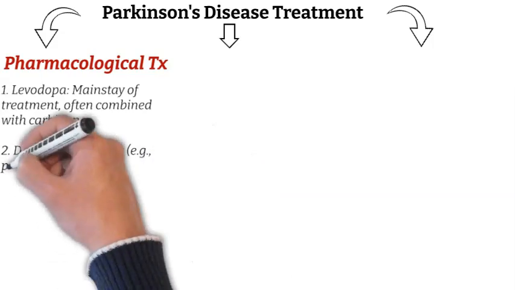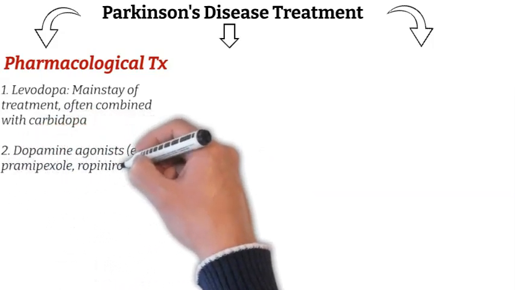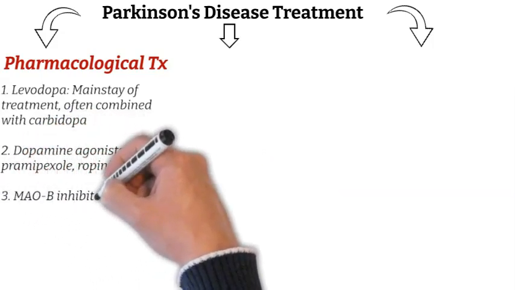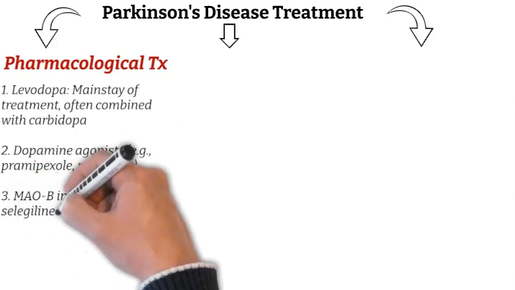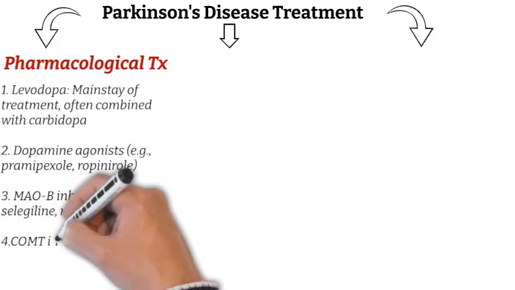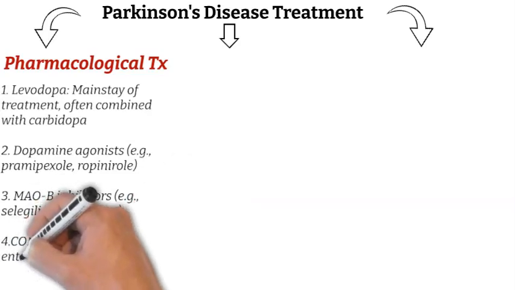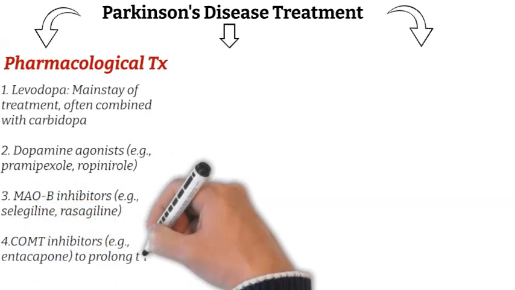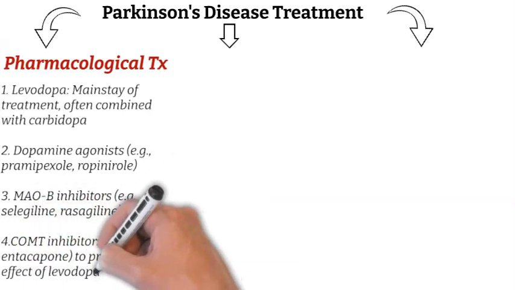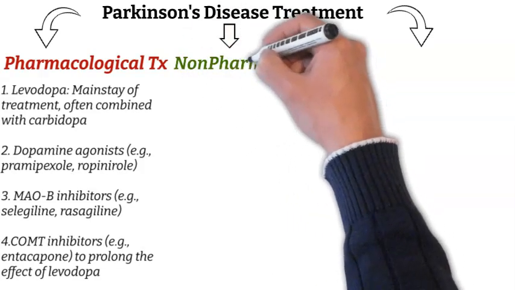Dopamine agonists, most commonly used are pramipexole and ropinirole. Monoamine oxidase B inhibitors are selegiline and rasagiline, and COMT inhibitors such as entacapone actually prolong the effects of levodopa.